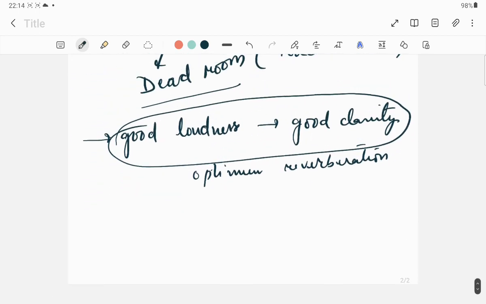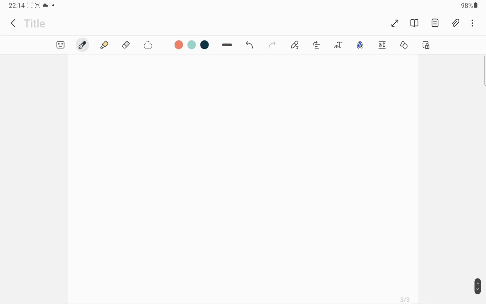Now, as we are talking about the derivation of Sabine's formula, a formula for measuring the reverberation time: reverberation time is so important because if it is too high, we have overlapping and no clarity of sound, and if it is too low, we don't get the sound properly, and loudness is zero.